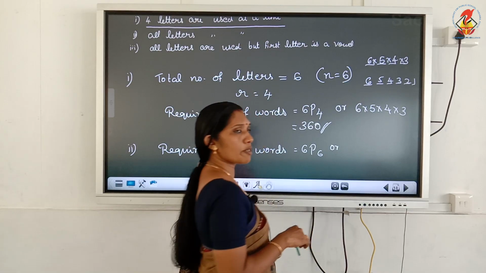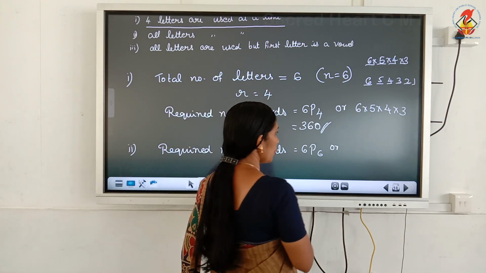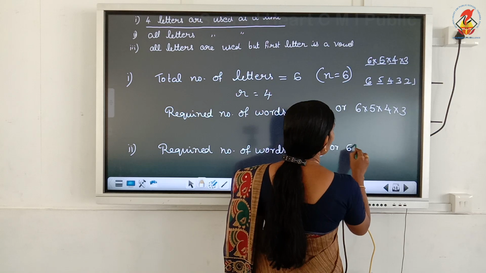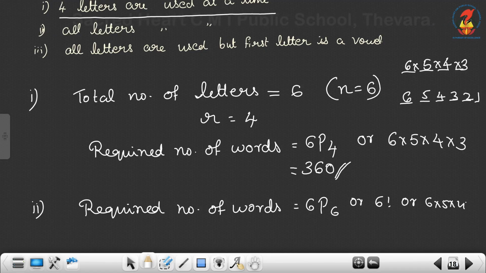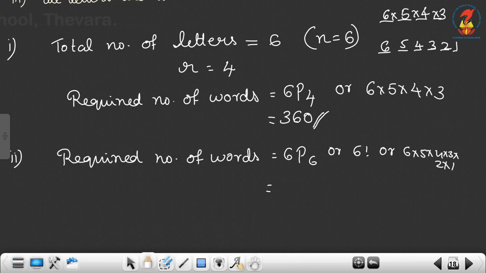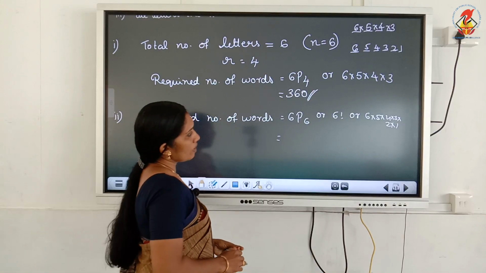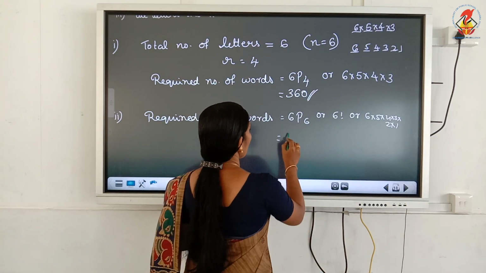That is same as 6P6. nPn is equal to n factorial. Or it is same as 6 into 5 into 4 into 3 into 2 into 1. Any way you can use, children, either this notation or this, whichever is easy for you. So what is the value? 6 5s are 30, 6 factorial is equal to 720.